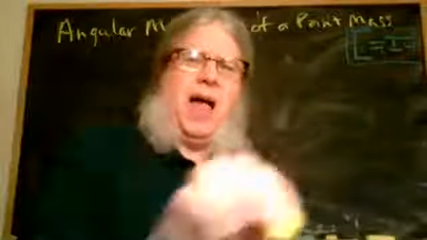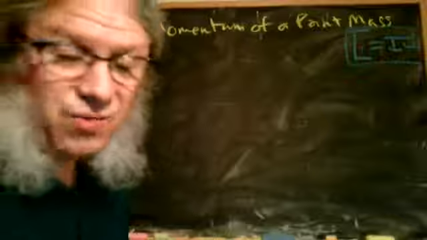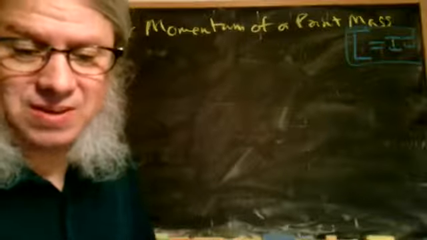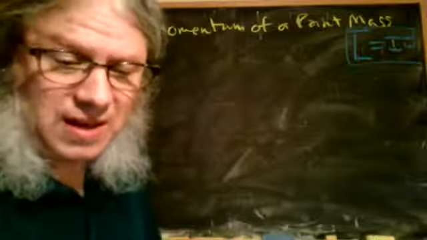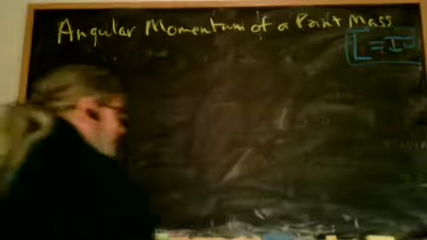And of course, that basically comes out of the cross product. So without deriving it, I'm just going to assert that there is a definition that basically gives us all the things that we want.